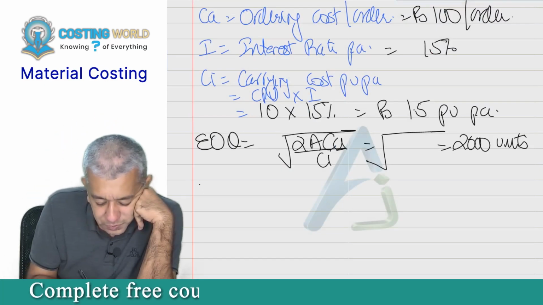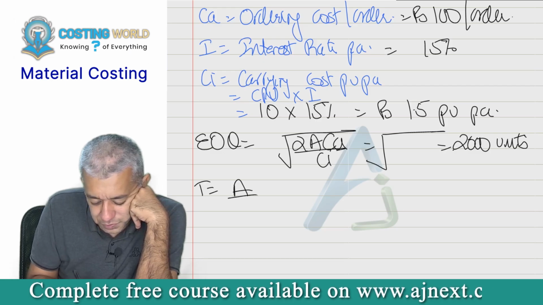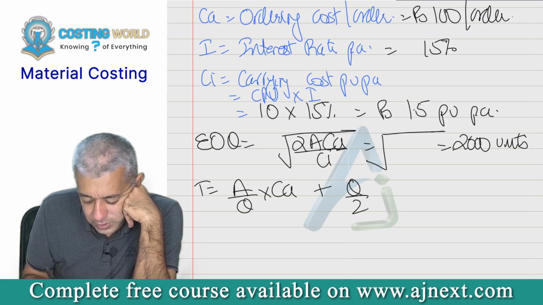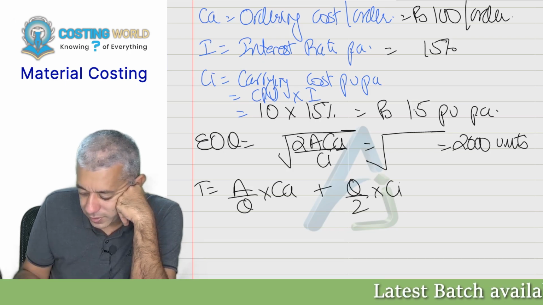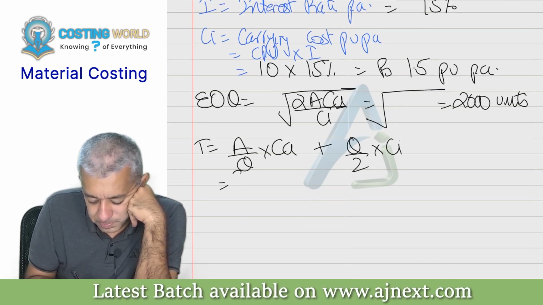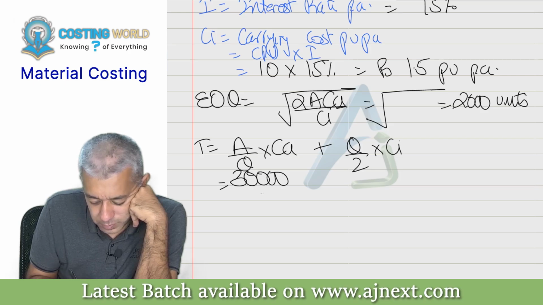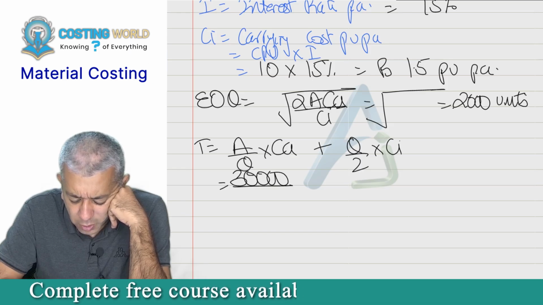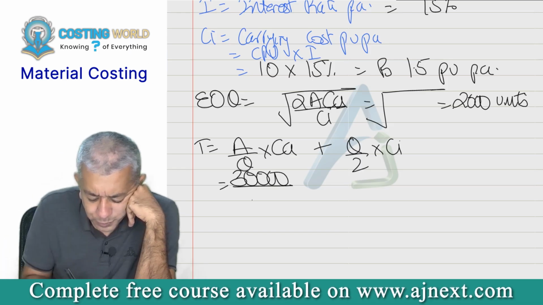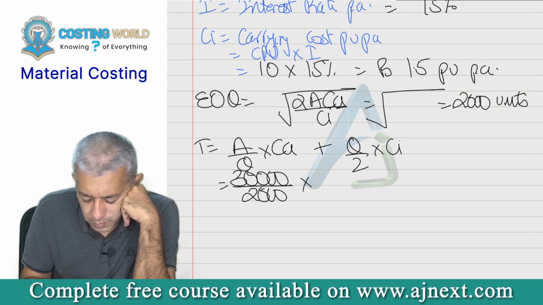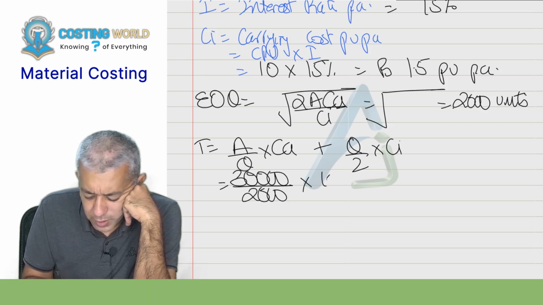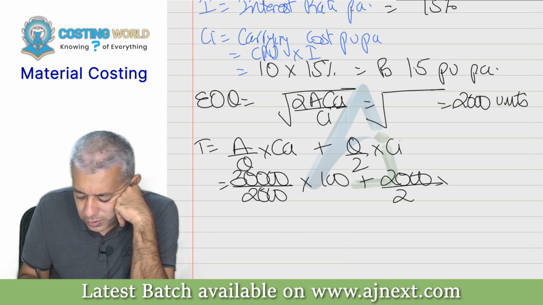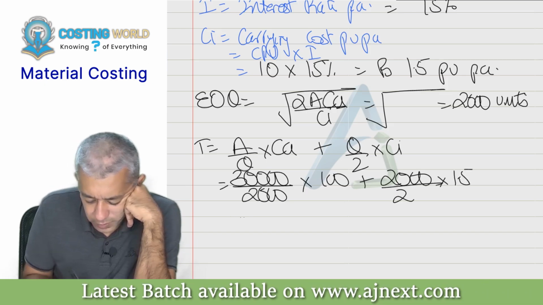So write down: T is equal to A by Q into CA plus Q by 2 into CI. Tell me, what's the value of Q that I should write down over here? 2000, into 100, plus 2000 divided by 2 into 1.5.